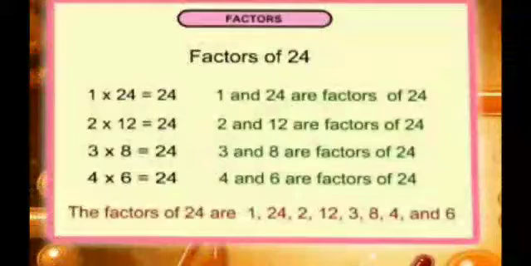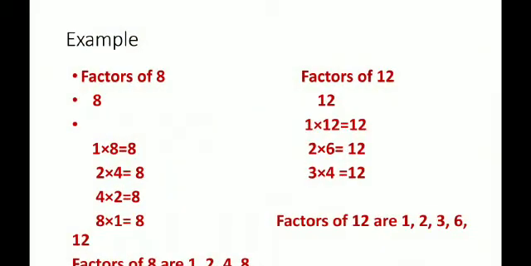So 2 and 12 are factors of 24. 3 into 8 also 24, so 3 and 8 are factors of 24. 4 and 6 also are factors of 24. So which are the factors of 24? 1, 24, 2, 12, 3, 8, 4 and 6.